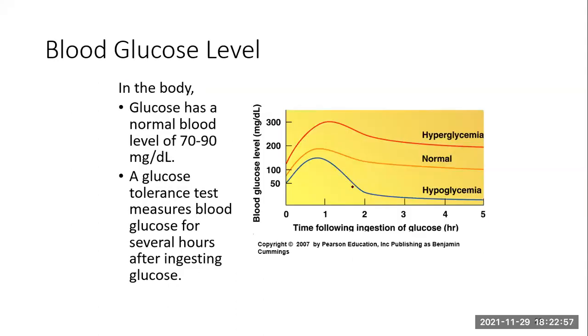In the body, glucose has a normal blood level of about 70 to 90 milligrams per deciliter. You can do a glucose tolerance test, which measures your blood glucose for several hours after you ingest some of it. And a couple of things could happen. You may find yourself being hyperglycemic, hyper meaning more than, as you can see here, a little bit more than normal in terms of your blood glucose levels.